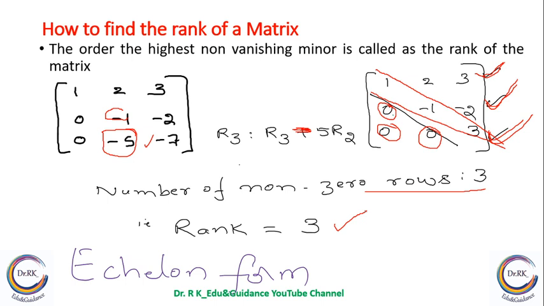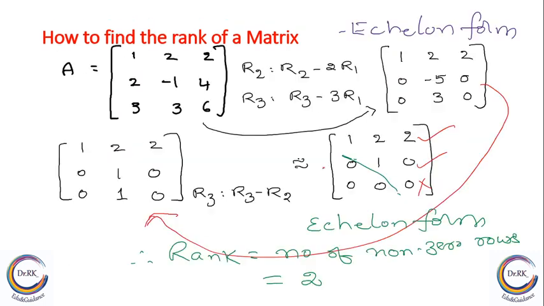So instead of going for the basic definition of the rank, it is very easy if we go for the echelon form of the matrix. One more example we try with the help of echelon form: 1, 2, 2; 2, minus 1, 4; 3, 3, 6. This is the principal diagonal, right?